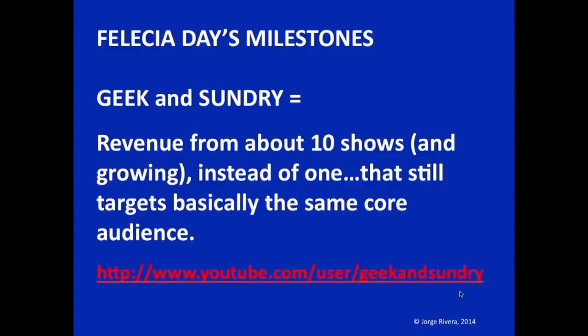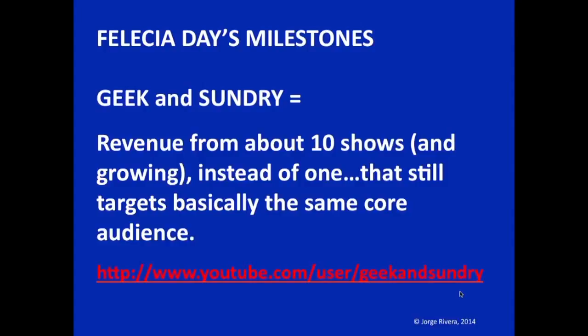So Geek and Sundry is the channel that she created. Like when we went back earlier and we looked at the Rooster Teeth channel, you saw that Rooster Teeth started with Red vs. Blue, but they're currently making dozens of shows targeting the same target audience. And that's what Felicia Day did with her money from YouTube to start Geek and Sundry. She started out with about 10 shows and growing.